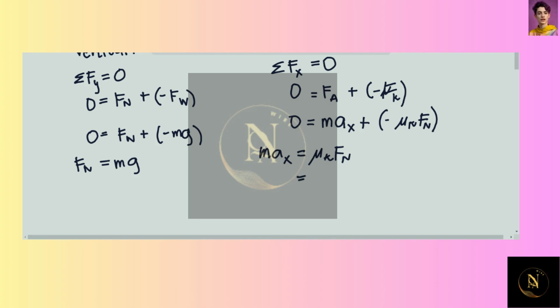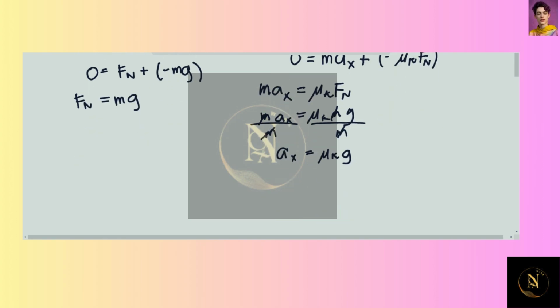Since we know that the normal force is just mg, we can rewrite this equation like this. Dividing both sides by the mass to simplify, we have acceleration equals mu sub k multiplied by the acceleration due to gravity.